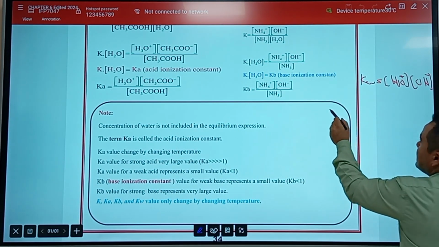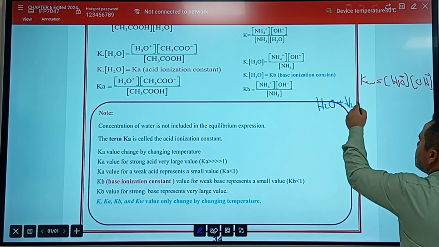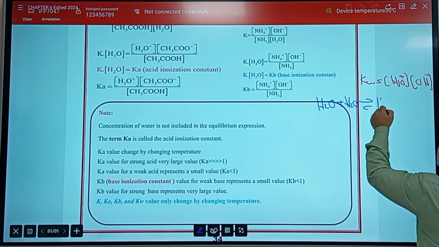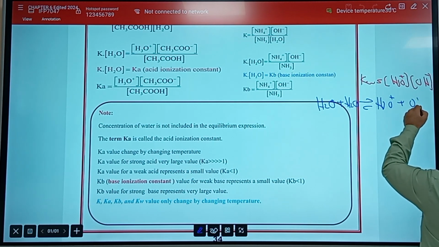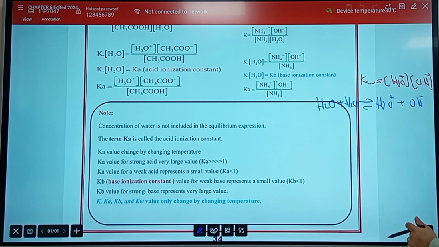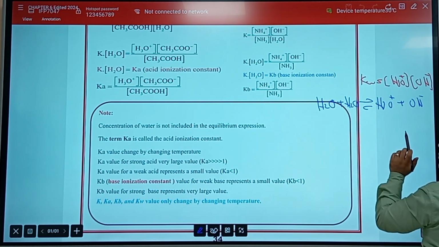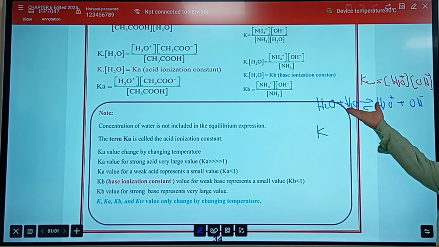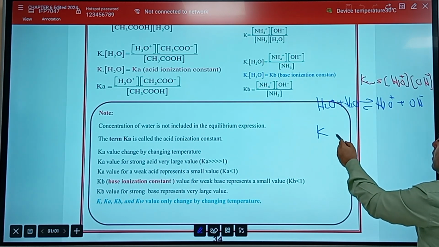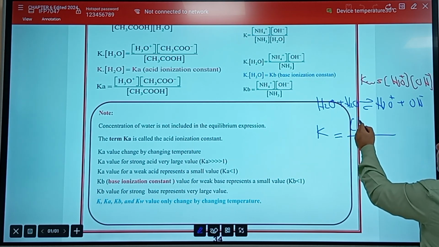And from the self-ionization of water, which is H2O plus H2O to form hydronium and hydroxide, in this case two water molecules self-ionize to form hydronium and hydroxide. Let us write the equilibrium constant for the above equation. It can be represented like that.